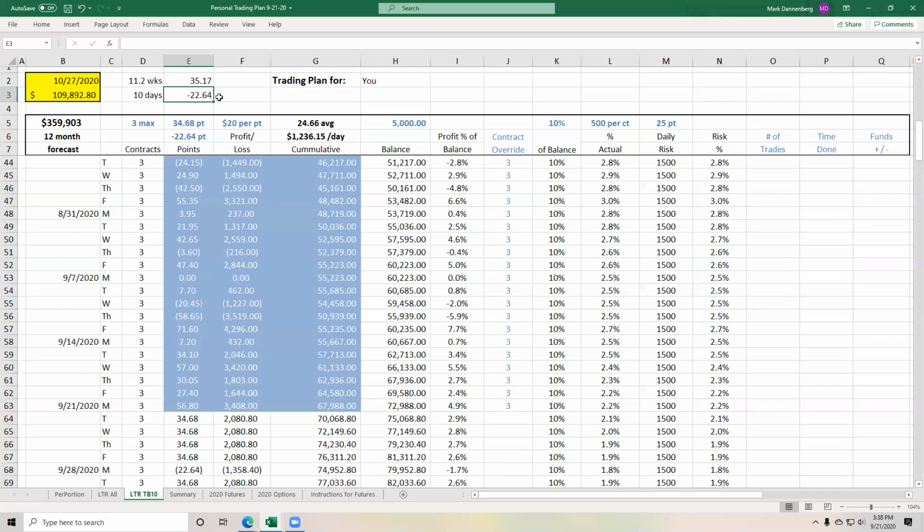All right, so now I know what my run rate is. I know what my average losing days are. I know what my average winning days are. And these numbers right here are what you're going to plan, what you're going to forecast for the rest of your 12-month financial forecast. We have 11.2 weeks behind us. This is a 52-week plan. So we've got another 41 weeks.